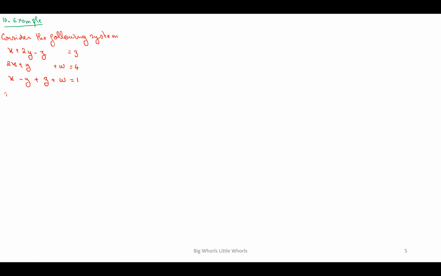Okay, question 1 says find the solution set of the system.